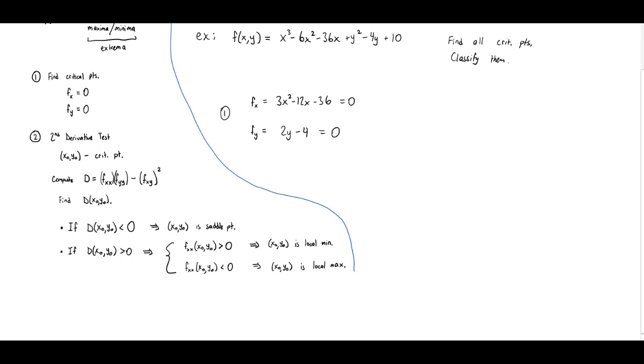So this one's pretty simple, so we can just factor each of these equations to solve. In the first equation, let me factor out a 3 from every term first. So if we factor out a 3, we're going to get x squared minus 4x minus 12.